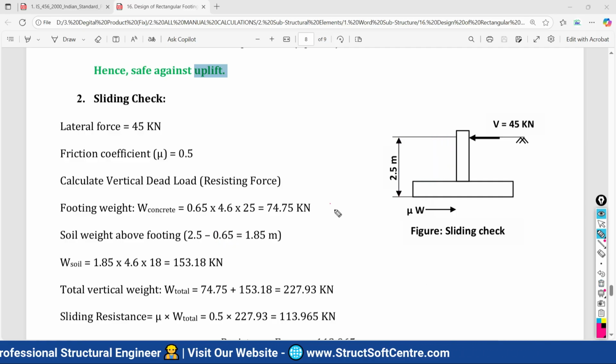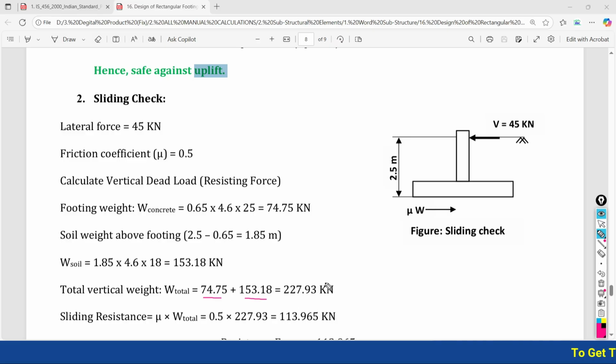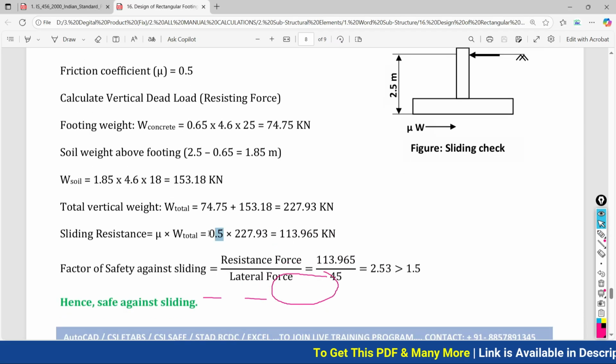So one is the self weight of the footing, and another is the soil weight above the footing. We have to calculate the total weight. Total weight will equal the concrete footing weight plus the weight of the soil, which becomes 227.93 kilonewton. Now this value we have to multiply with the frictional coefficient, which is 0.5.